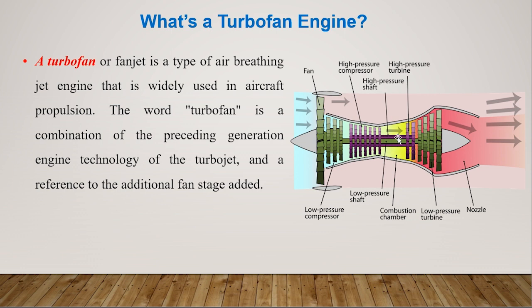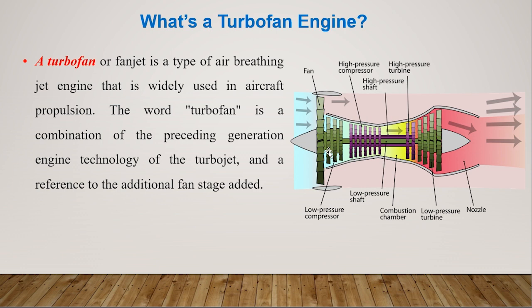Here, one spool is in green color and another is maybe purple, and you can see that apart from the fan, all the remaining components seem like a turbojet engine. It seems like one fan fitted at the front of the turbojet engine. There is also another reason to have this twin spool.